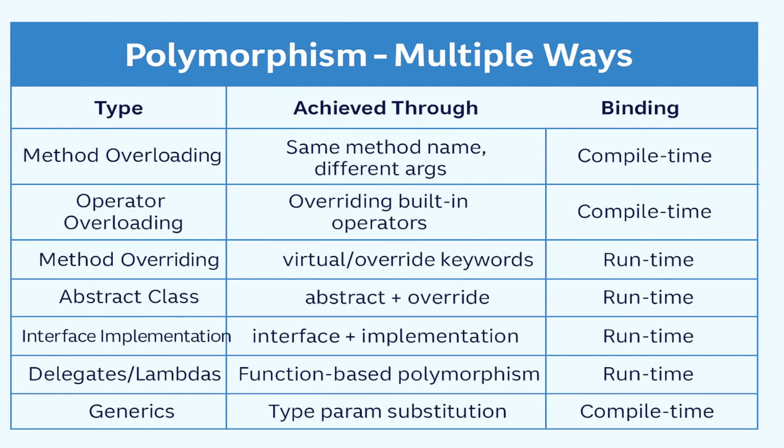When I say define it clearly, it means mention both types, compile time and runtime, mention overloading as well as overriding, and explain the main keywords: virtual, override, abstract. These are mainly the three keywords you use in order to implement polymorphism.